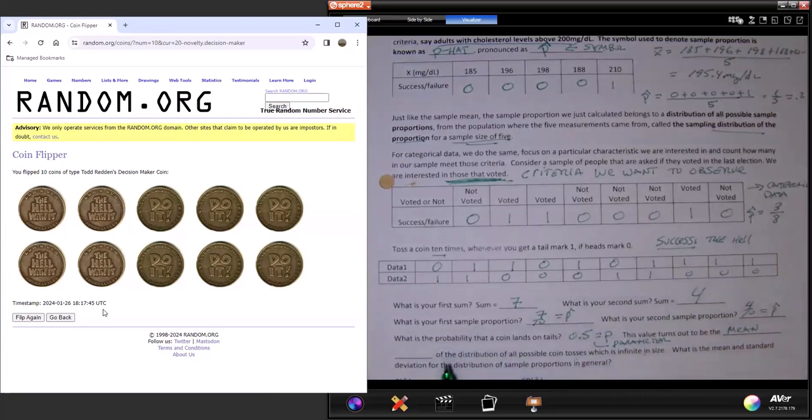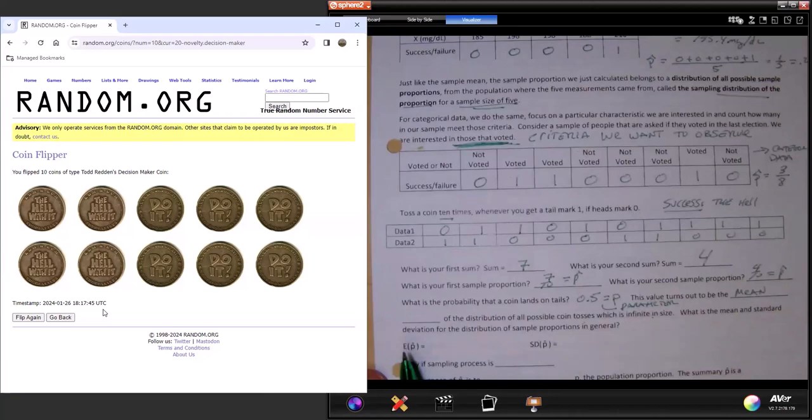This will be the mean. In other words, if I now look at my symbolism, this will represent the mean of the sampling distribution of proportions for a fixed sample size.